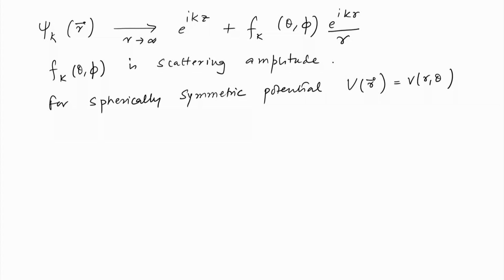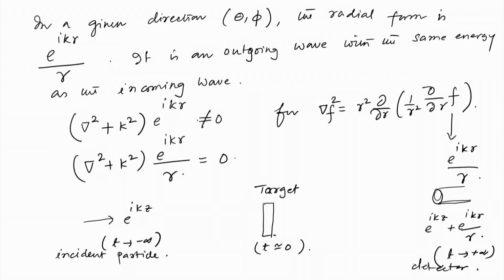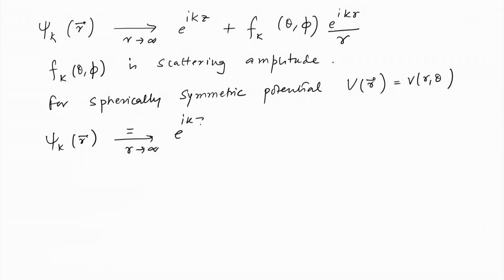We can simply write this psi k of r as r goes to infinity, its e to the i k z, which means there is an equality, but as r goes to infinity. So, this is e to the i k z plus f k theta e to the i k r by r.